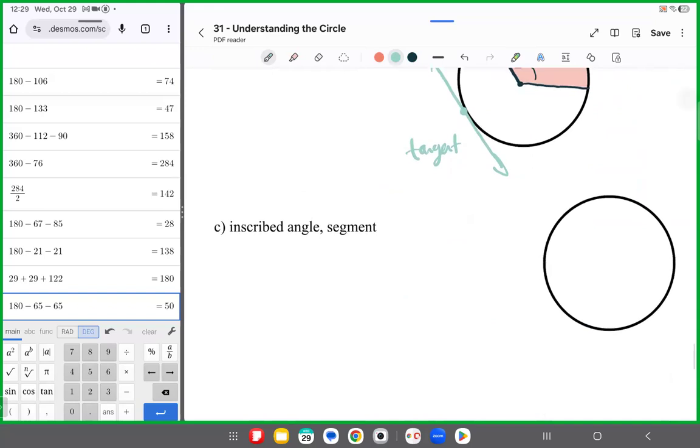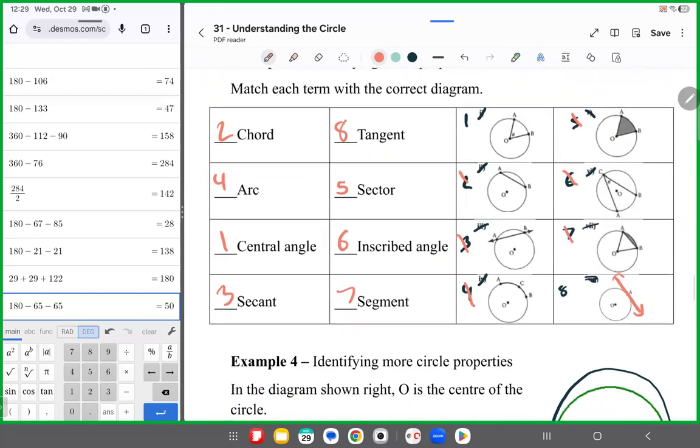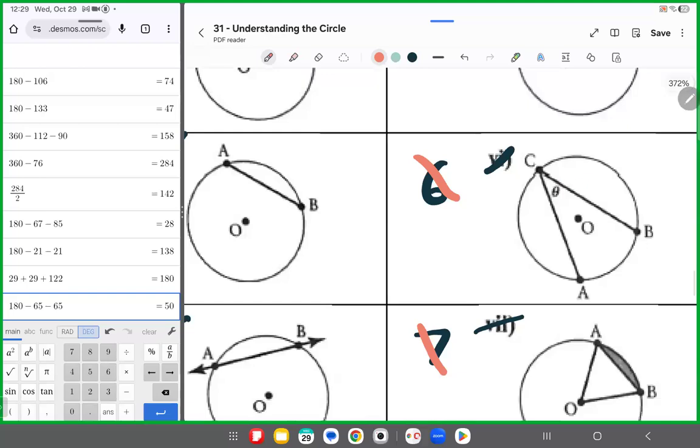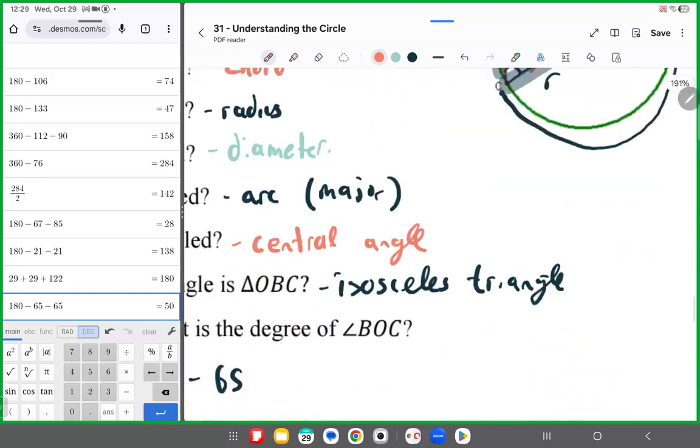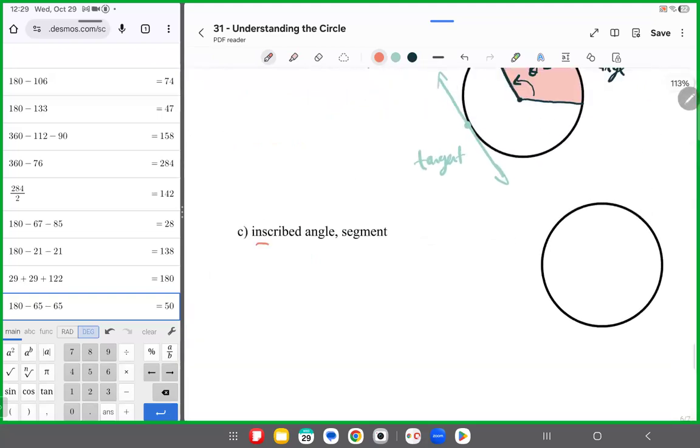Okay, last thing we need is one with an inscribed angle and a segment. If you don't remember the inscribed angle, that was the one where the angle was sitting on the circle itself, extended to 2 outside points. So we saw that diagram from above, so why not replicate it? So here's our inscribed angle.